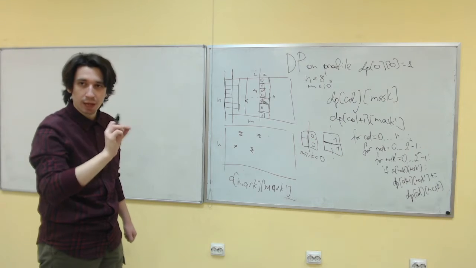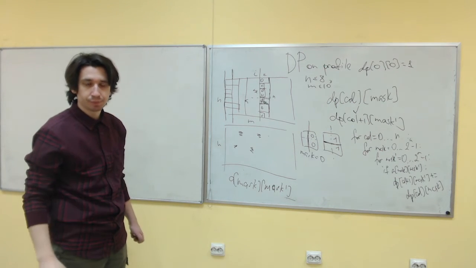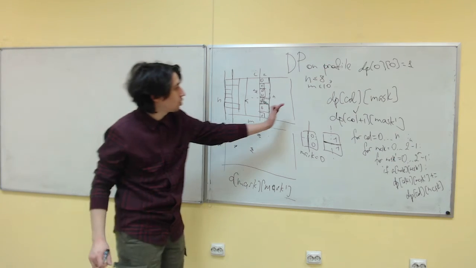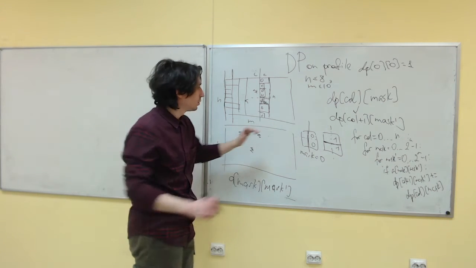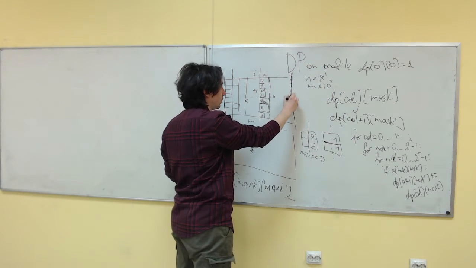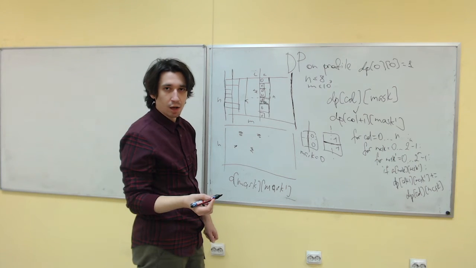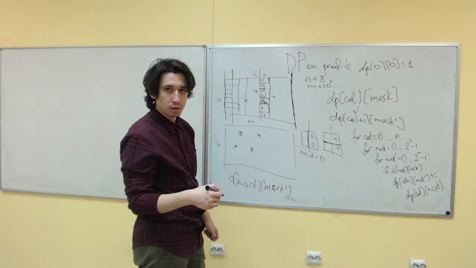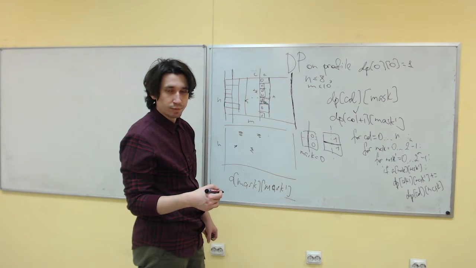Then where lies the answer? The answer would be at the end, how many columns have we passed? N. And M columns, I guess. And the mask, the profile, would be all ones because we filled the last column.